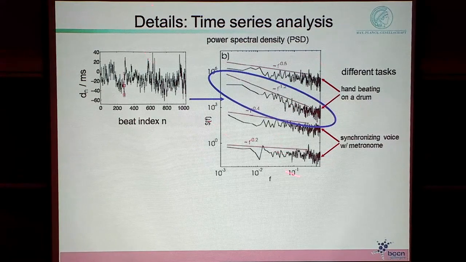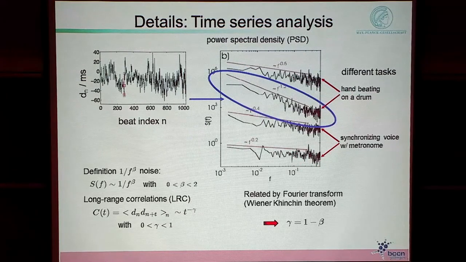We have more accurate results that I'll show immediately, but just for completeness, I'm showing these power spectral densities. This is something that's called 1 over f noise or 1 over f beta noise, depending on the exponent.